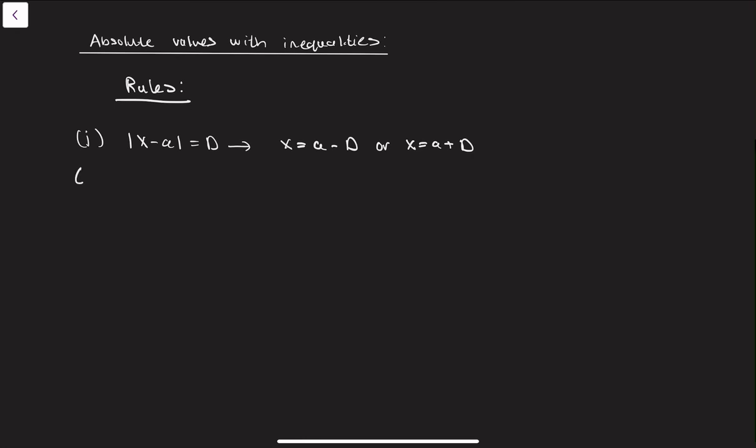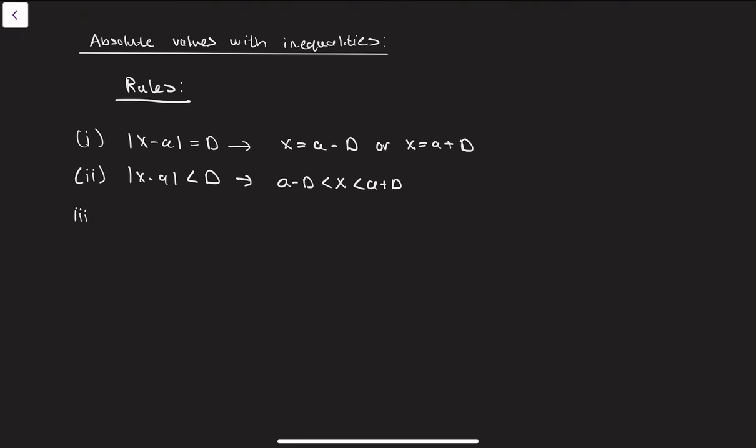For the second rule, we have |x minus a| being less than d. In this case, we have x being greater than a minus d, and a plus d being greater than x.